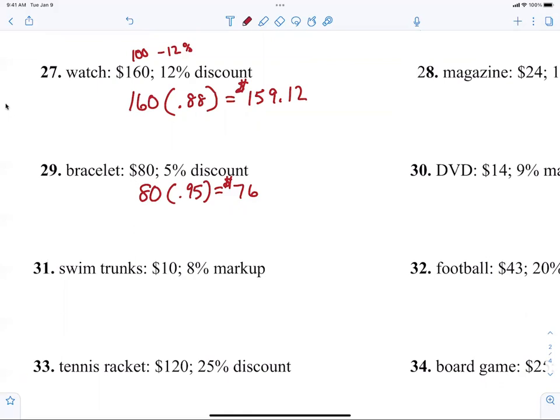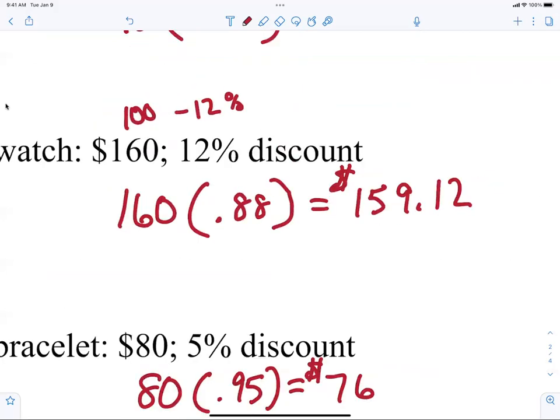Well, how are you doing? Tell me what you're typing in. Hit clear on your calculator. 160 minus. No. You're multiplying. I thought it was a discount. Yeah. So here's what happened. Here's what you have to do, kiddo. You have to do 100 minus 12 to get 88%.